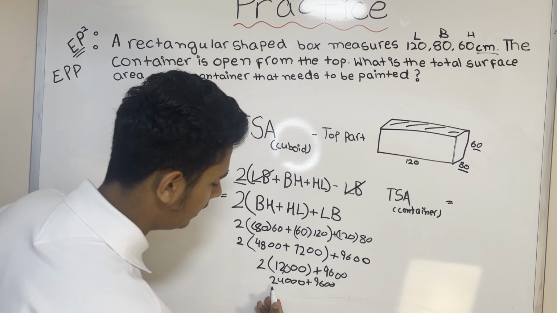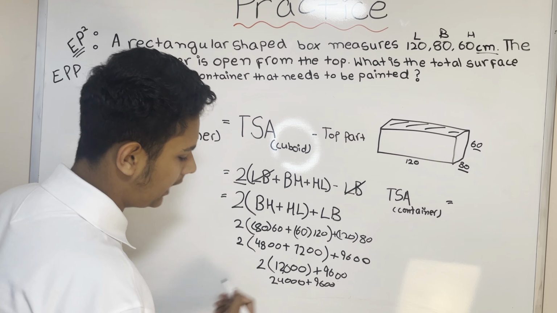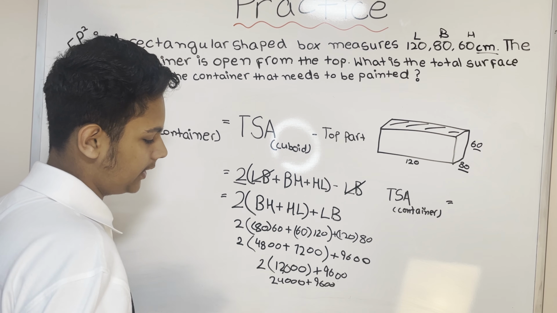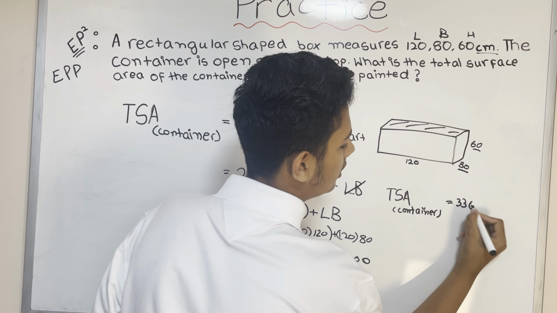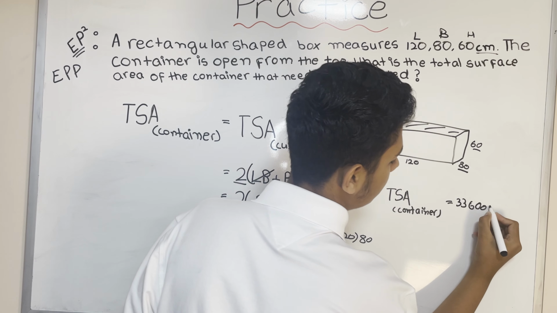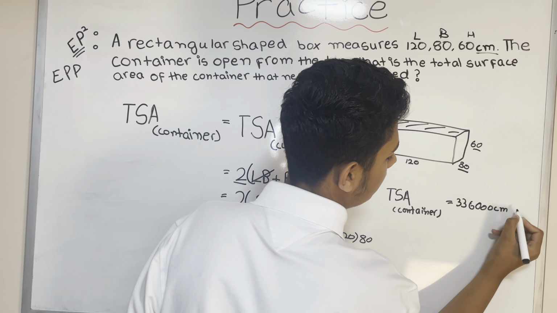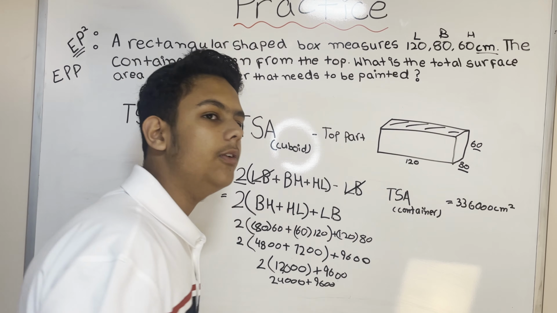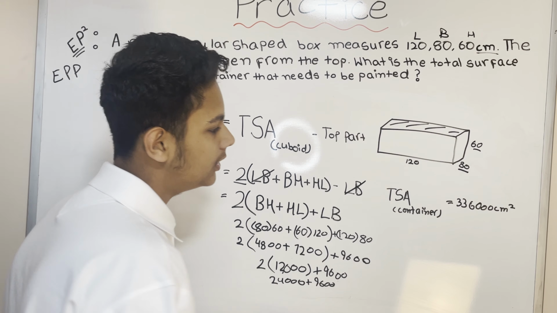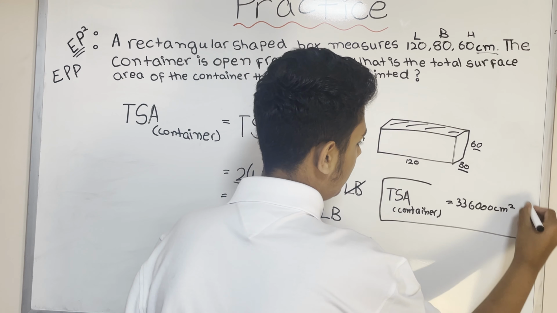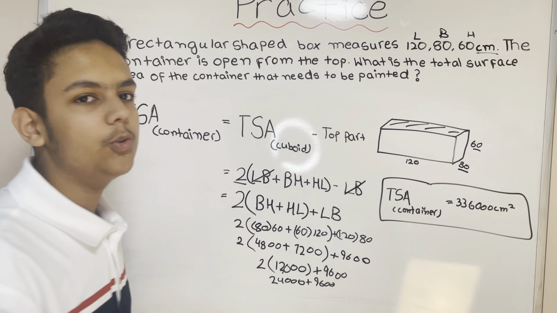If we have 24,000, 9,000 is 33,000, and then 600. So it's 33,600 centimeter squared. Don't forget to put the units, because your marks can be cancelled out. So this is our answer for this word problem.